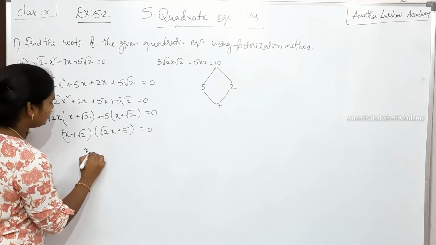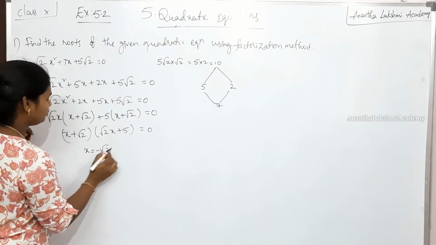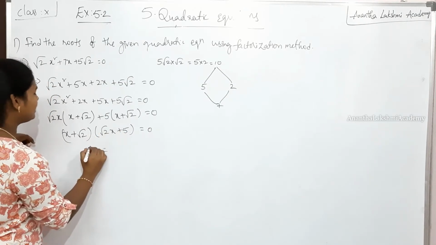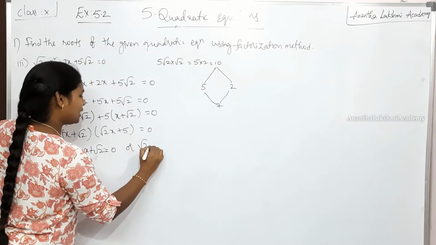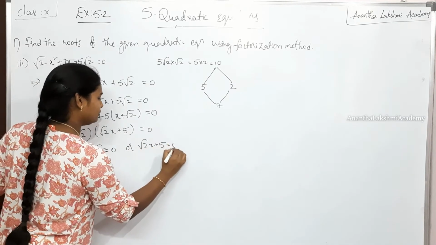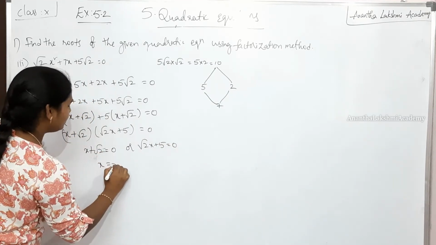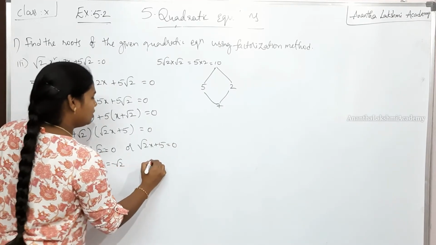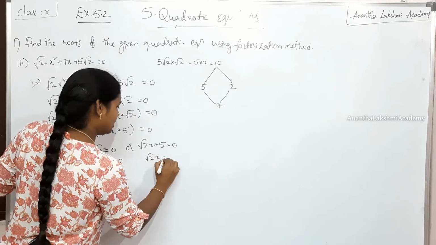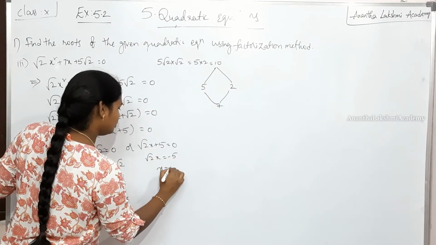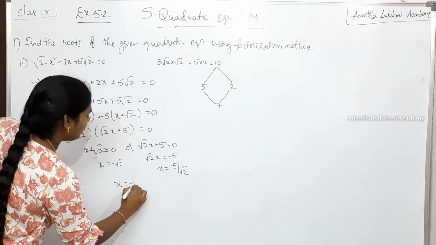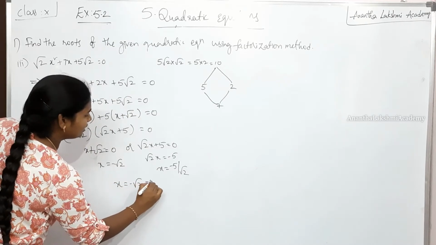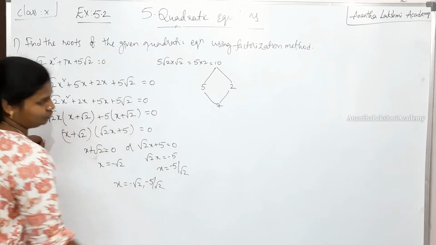Let me write it as x plus root 2 is equal to 0 or root 2 x plus 5 is equal to 0. So x is going to be equal to minus root 2. Root 2 x is equal to minus 5. x is equal to minus 5 by root 2. So x will be minus root 2 comma minus 5 by root 2.